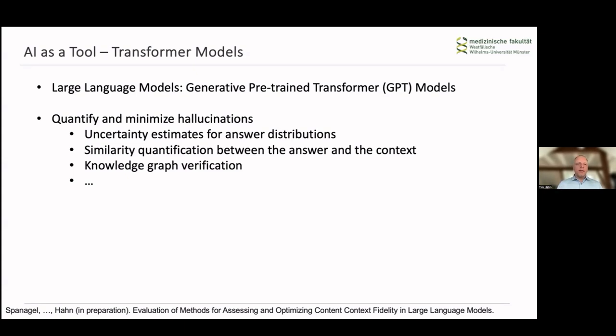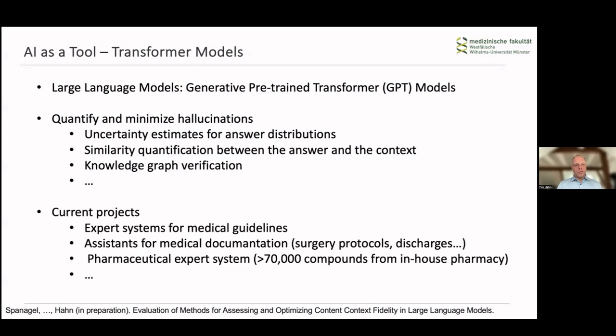And of course, we have a few more ways of dealing with that. And that's actually a very hot research topic these days, because if we could minimize the number of hallucinations or the severity of hallucinations, this would open up whole new use cases, such as the current projects that we're looking at. We are currently building expert systems for medical guidelines.